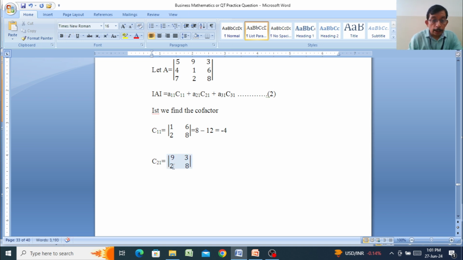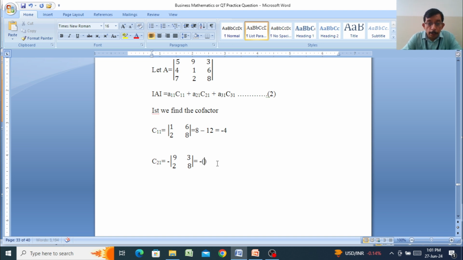Simplify. The sum of the order 2 plus 1 is an odd number, so the sign of the minor is negative. Then the value is equal to minus.